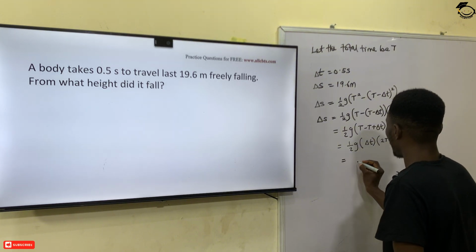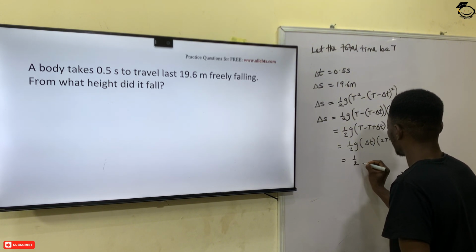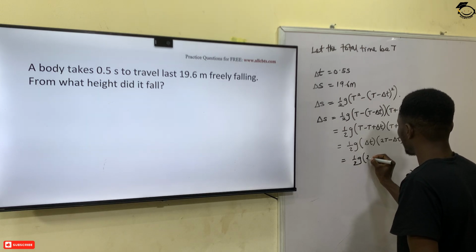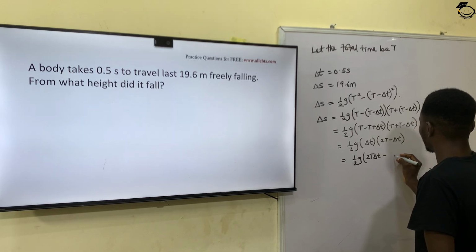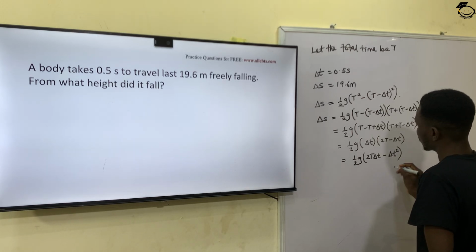So if I simplify further, I'll have 1 over 2 g in bracket 2T change in t minus change in t squared.